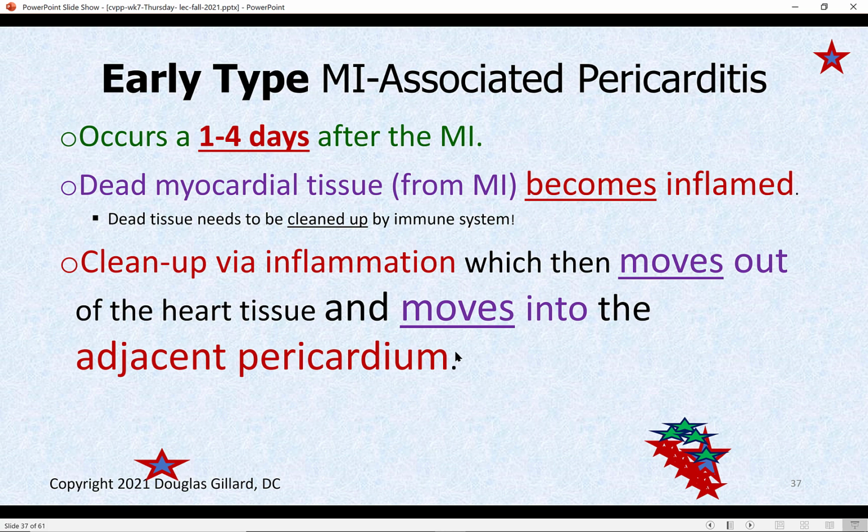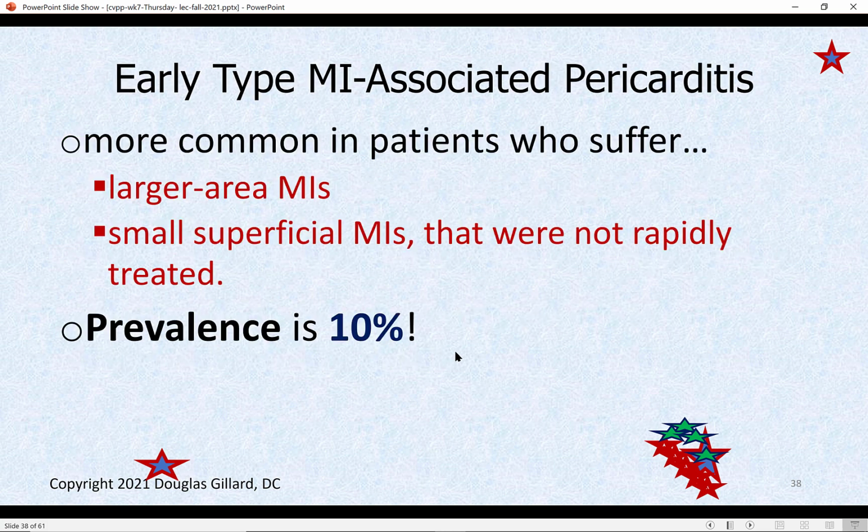That inflammation, if it's close enough to the serous pericardium, can get into the pericardium, and the fire can spread out of the heart into the pericardial sac. And that's it. So you get an adjacent pericarditis, kind of collateral damage from the cleanup process of the myocardium. Everybody understand that?